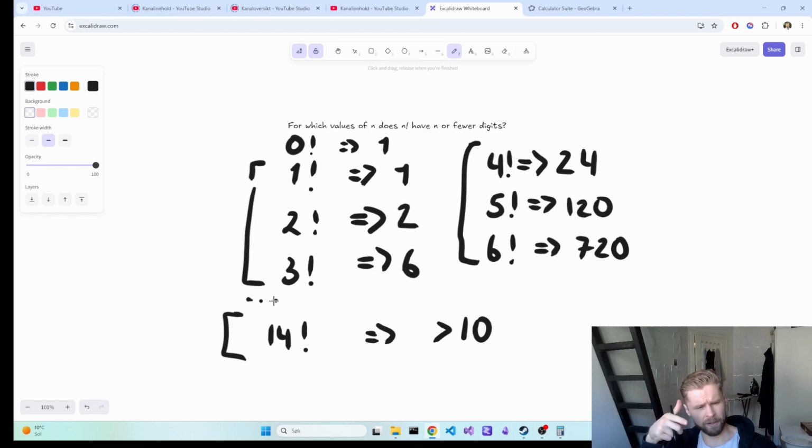If I add another n, 15, I'm also multiplying that other stuff by 15. And in that 15, I certainly have a 10. And if I multiply something by 10, I'm adding a digit.